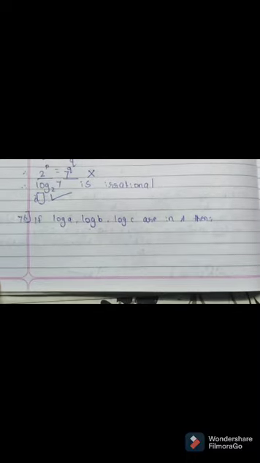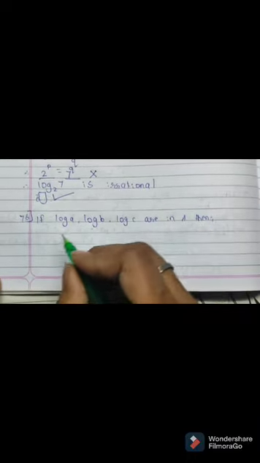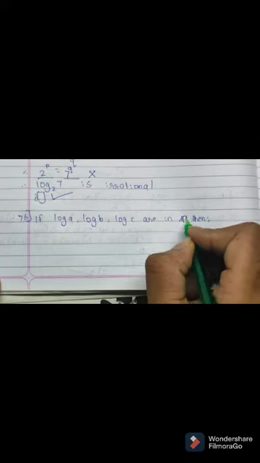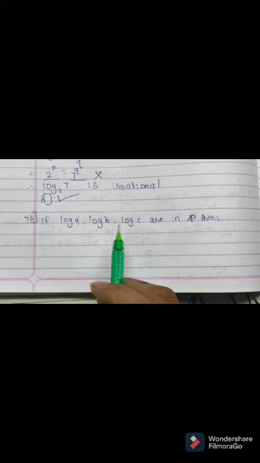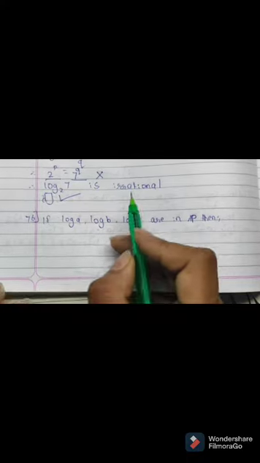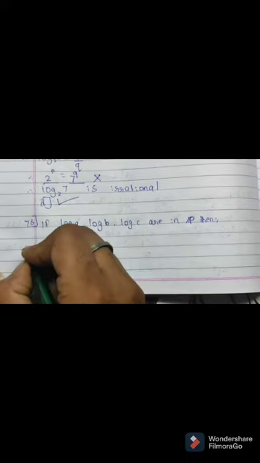Now here we are given that log A, log B, log C are in AP, then what is the relation between A, B and C? Now as we know that log A, log B and log C are in AP, therefore the difference will be same.